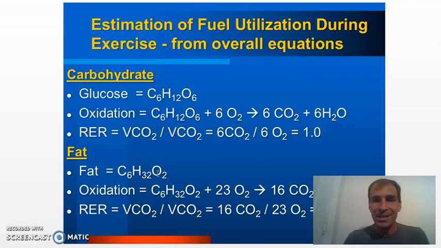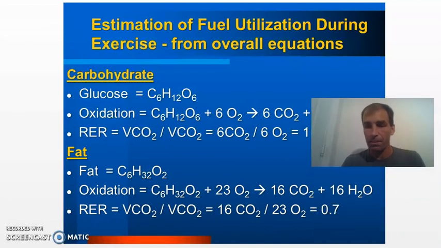Well, if we need to oxidize fats through beta oxidation, a different step, we need 23 oxygen, and the byproduct of oxidizing that is 16 CO2 and 16 H2O. With that, we have 16 divided by 23, and what number do we get? Boom, 0.7. And so if we're just using fats, the RER is going to be 0.7.